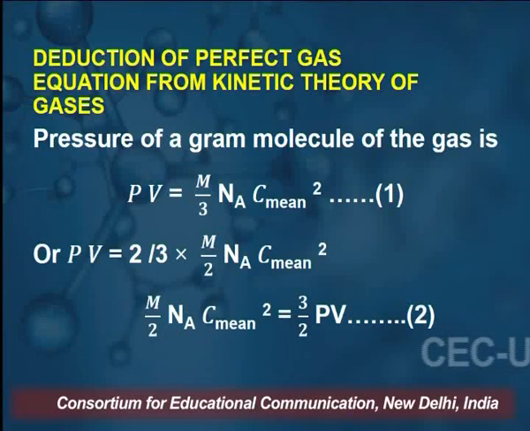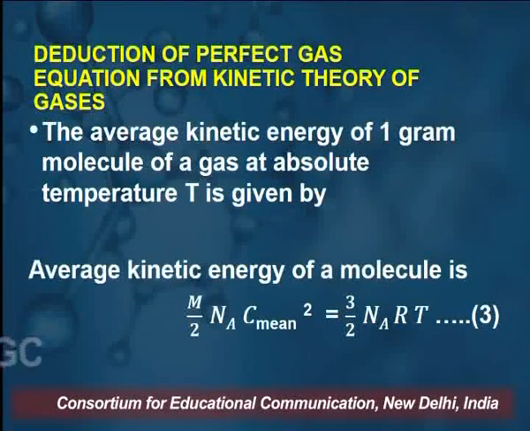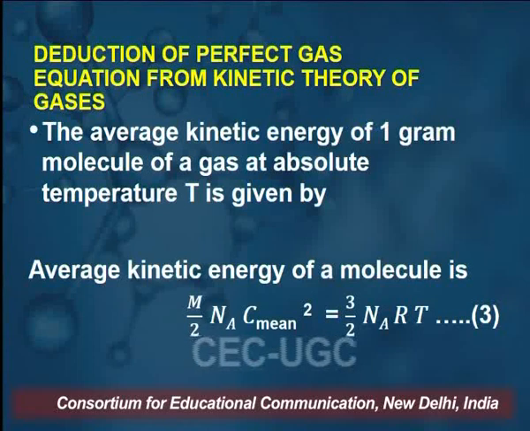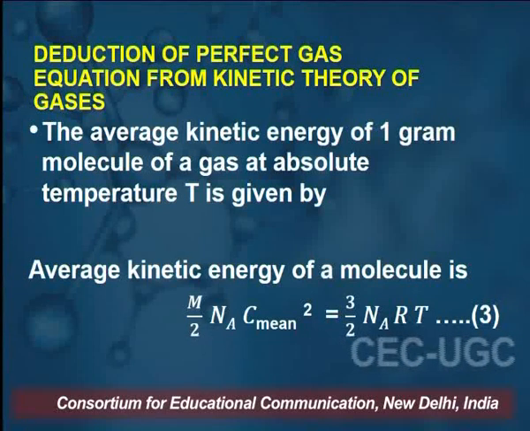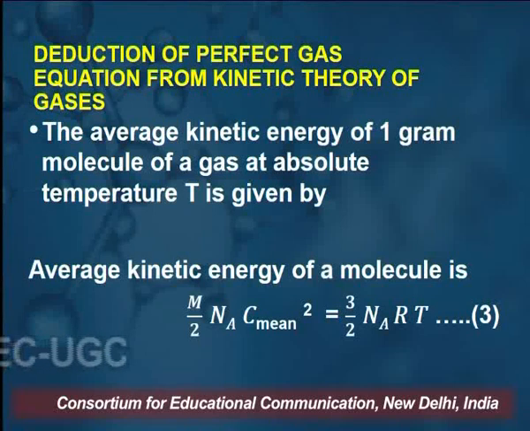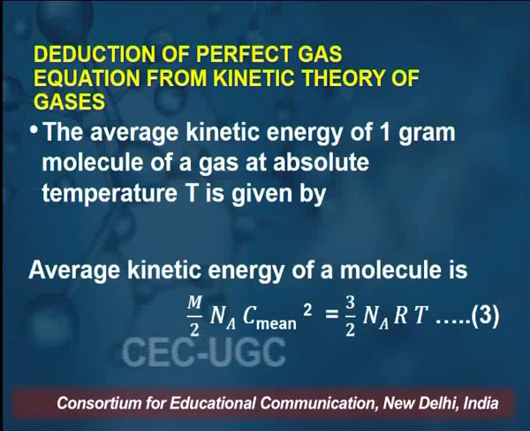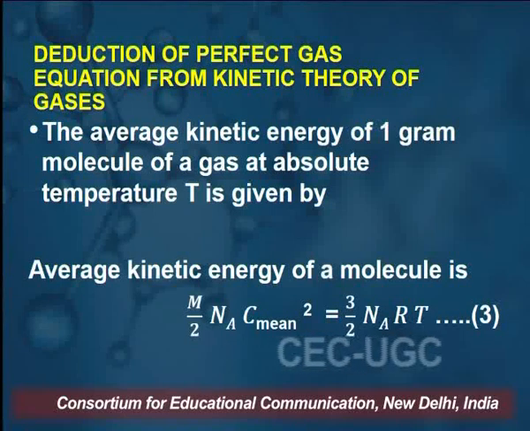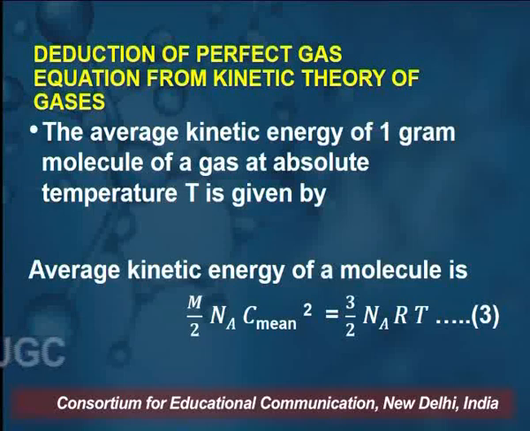Let us call this expression 2. The average kinetic energy of 1 gram molecule of a gas at absolute temperature T is given by m by 2 Na C mean square is equal to 3 by 2 Na RT.